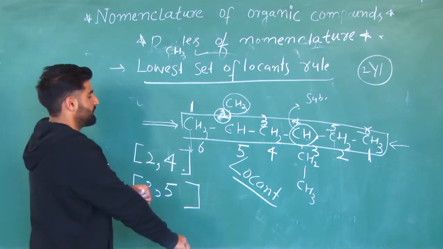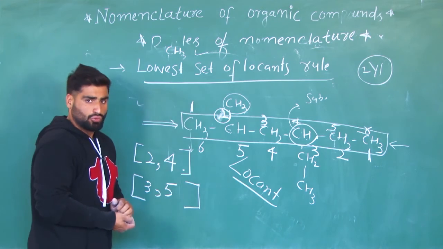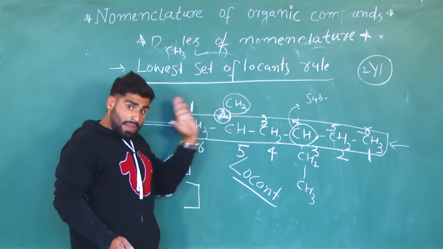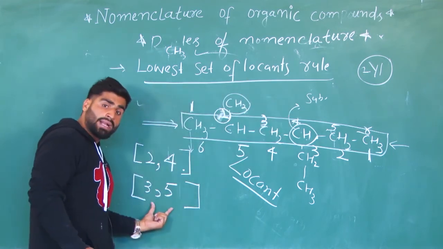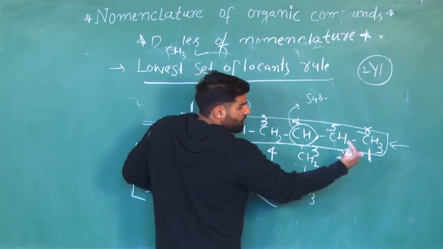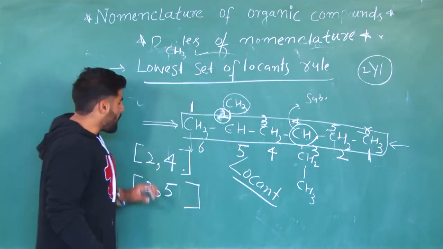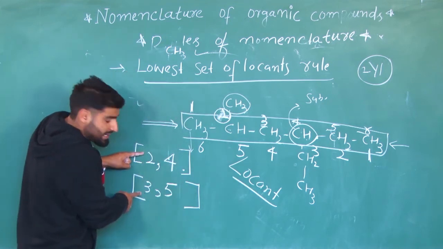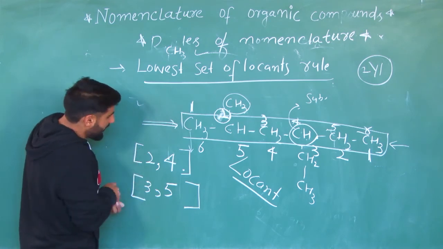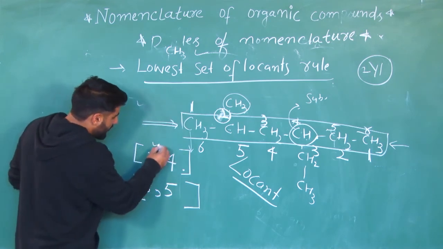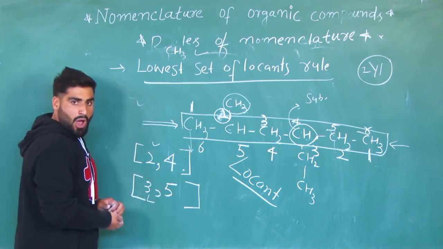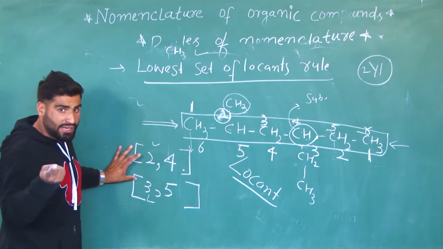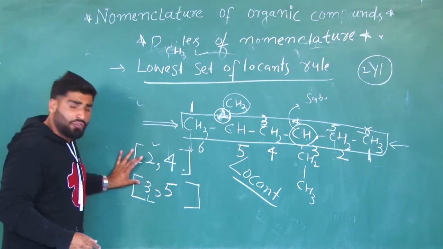This is the set of locants when numbering from the left side, and this is the set when numbering from the other side. Now what I am supposed to do is compare the locants one by one. Here I have 2, here I have the locant 3. The locant where you get the first point of difference means where you have two different locants.